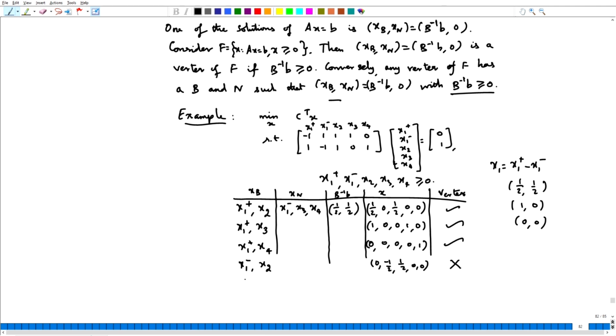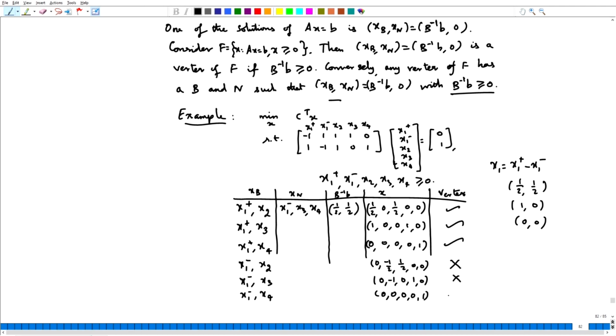In a similar way you will get for x1 minus and x3, x1 minus and x4. I will just write that down for completion. You will have 0 minus 1 0 1 0. Again this is not a vertex because B inverse b is not greater than or equal to 0. And here you just have zeros.